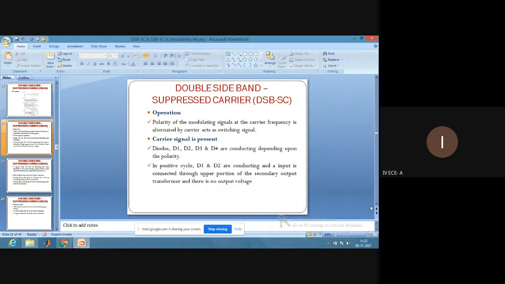The magnetic field produced at upper and lower part is equal and opposite, so they cancel each other. No output is produced at the secondary winding of the output transformer. So the output voltage is 0.